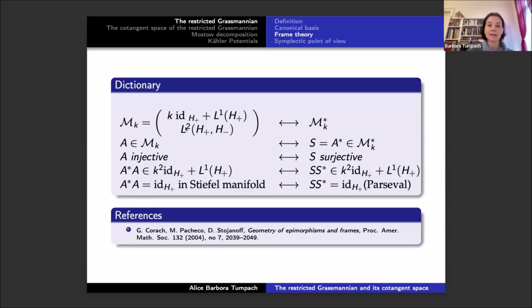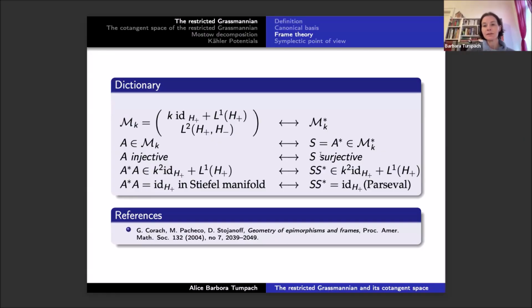And this space is isomorphic to the dual space where we just take the adjoint of any operator in MK. So A in MK is mapped to A star, or A adjoint.